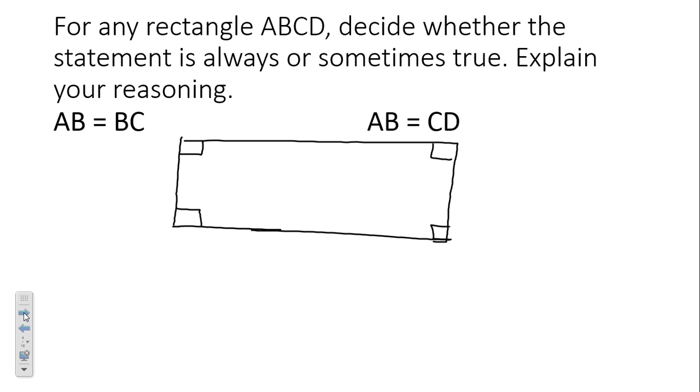Now, when I label it A, B, C, D, is the distance between A and B always or sometimes going to be equal to the distance between B and C? Not necessarily always, right? But it's possible that it could be, so we're going to put sometimes down.